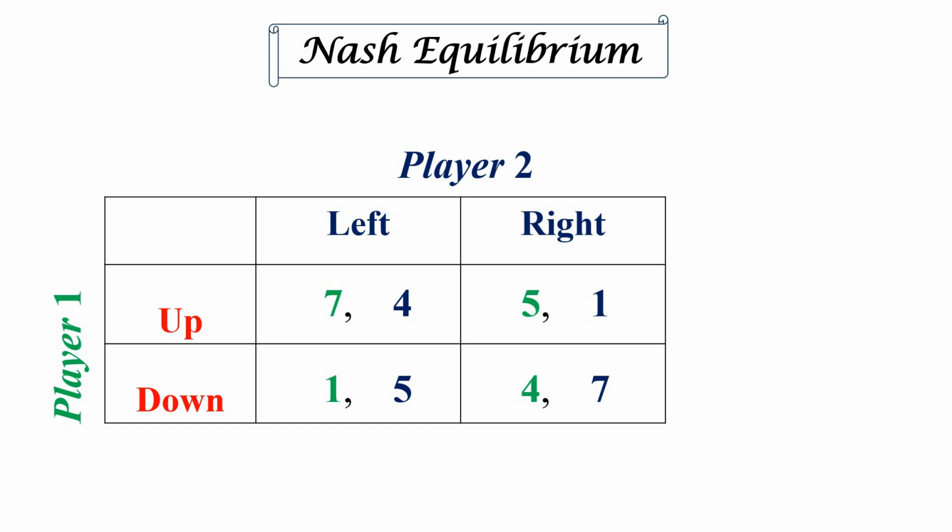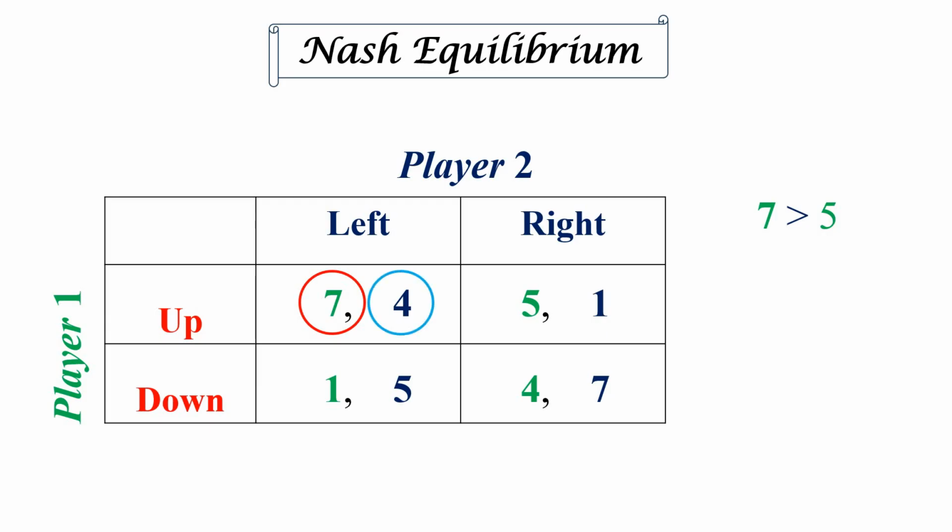Now, to find the Nash equilibrium, we have to find the best responses. Consider player 1 wants to play up. In that case, he is going to choose 7 because 7 is greater than 5.